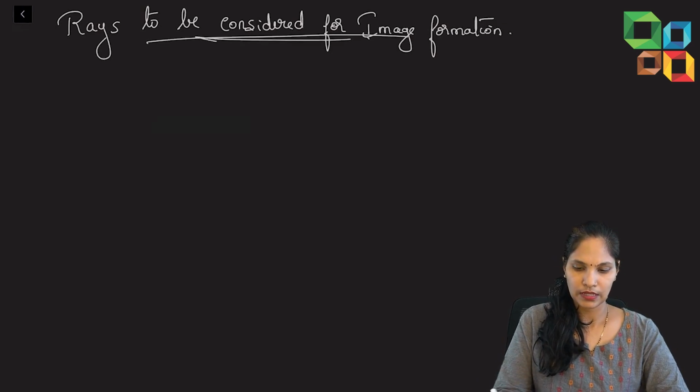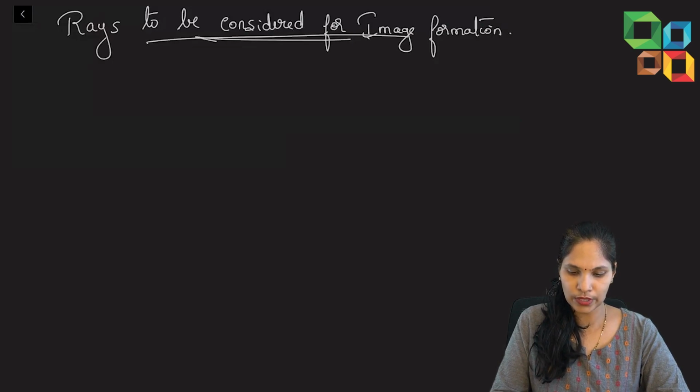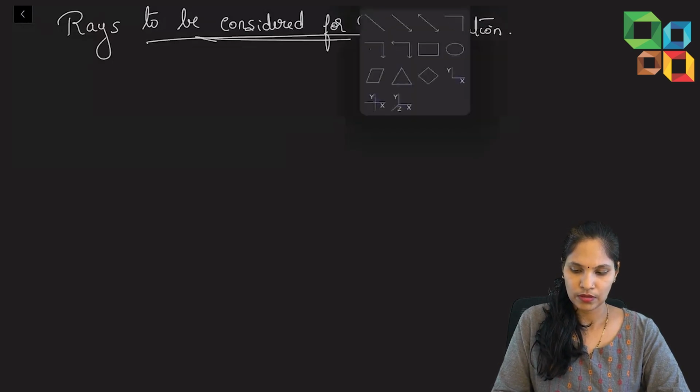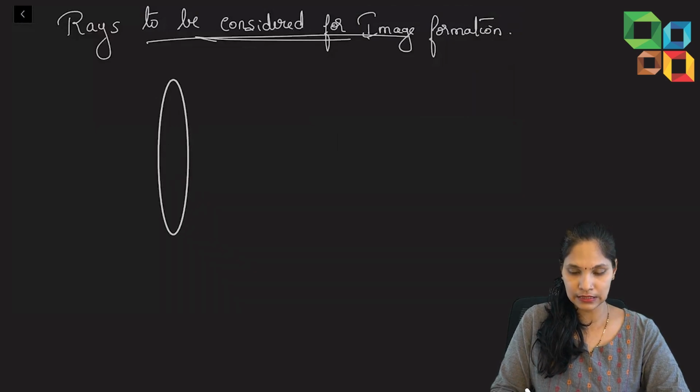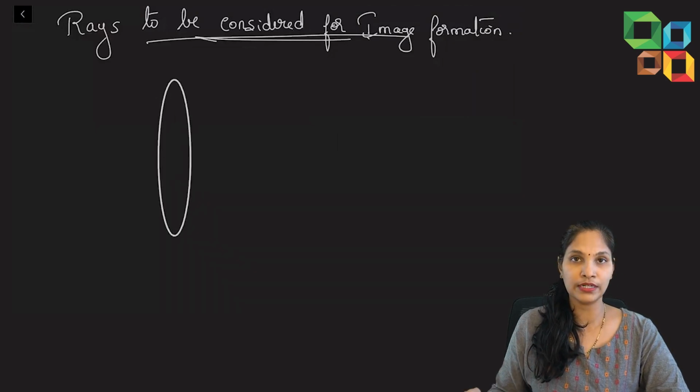Let's see which are the rays we can consider for image formation. I will take the case of a convex lens as it is simple and easy to understand.